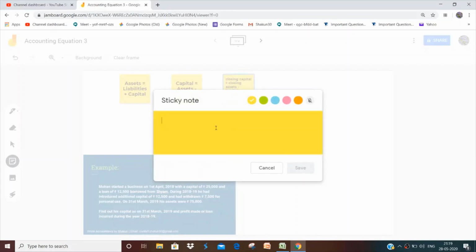The next thing is that you need to calculate the profit. I told you to remember the formula for calculating closing capital. It will be easy to remember, and from that formula only you can calculate the profit.